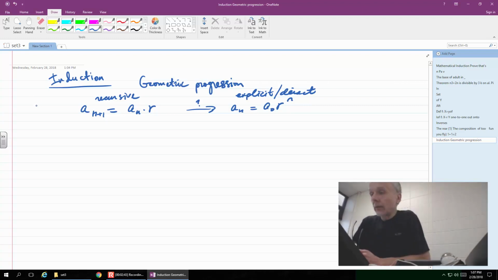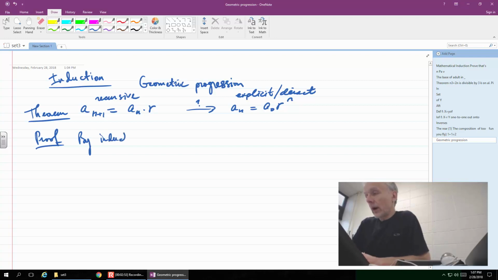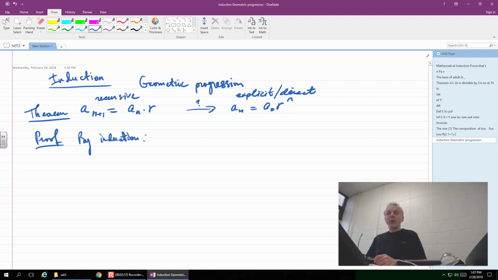So you can say this is a theorem. Proof by induction. It is a very simple example of a proof by induction, because the transition has been specified to begin with.